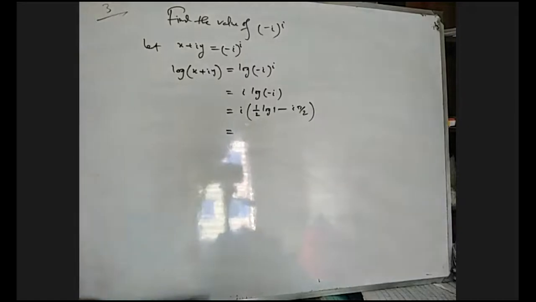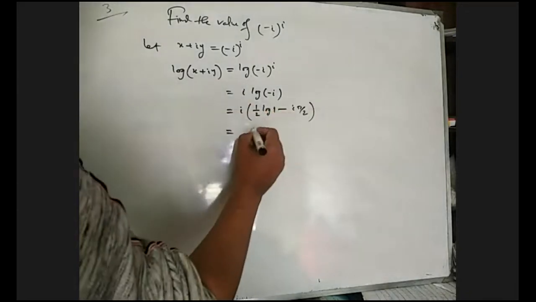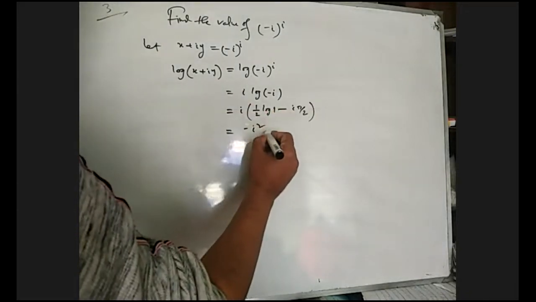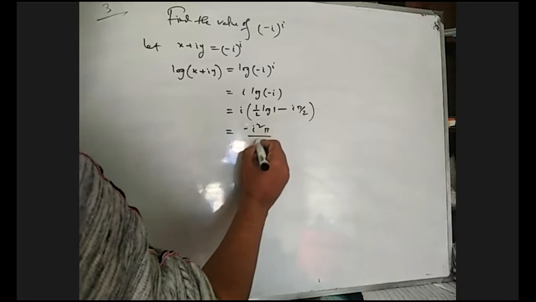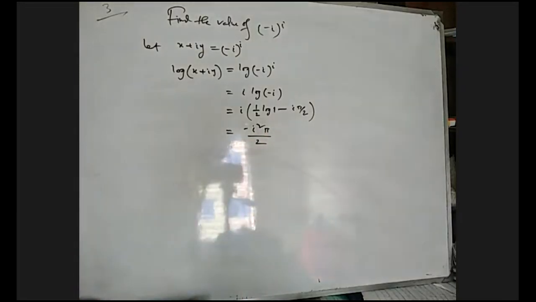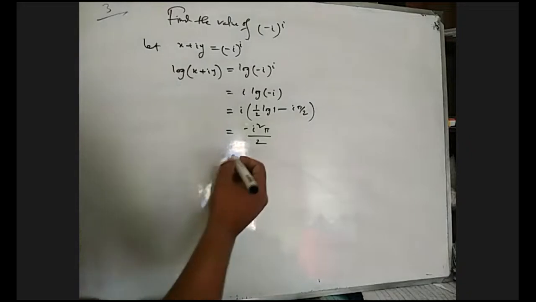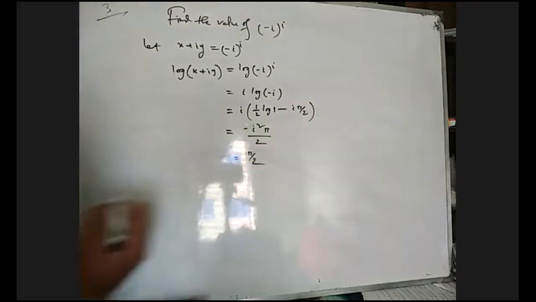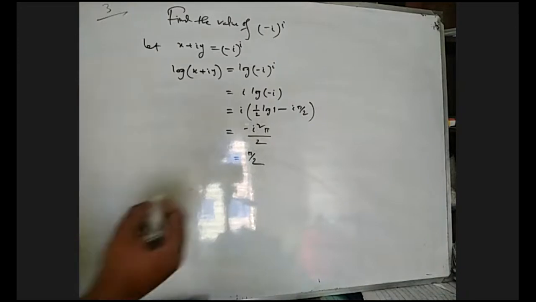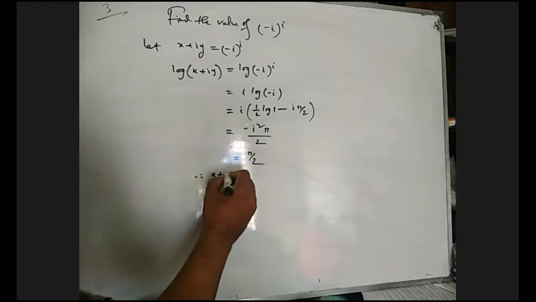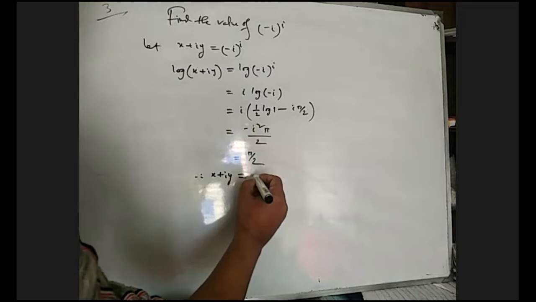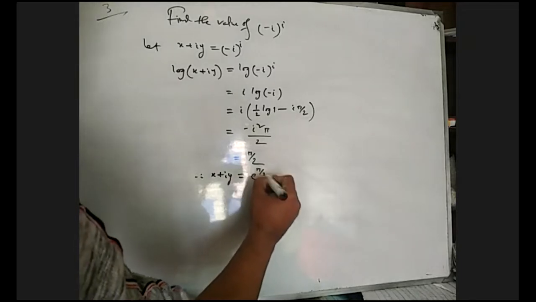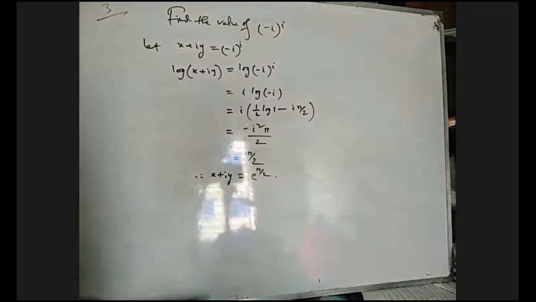Log 1 equals 0, and i squared equals minus 1, so only pi by 2 remains. So x plus iy equals e to the power pi by 2. This is the result.